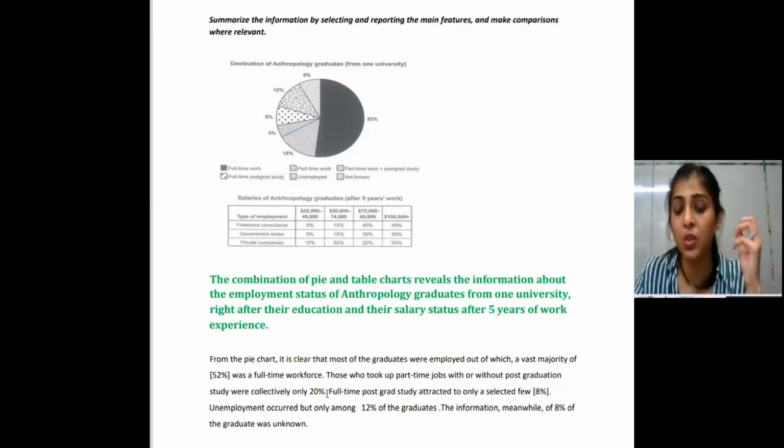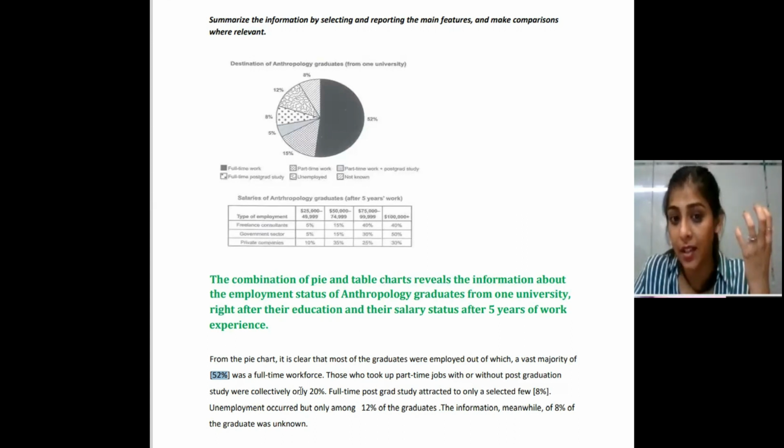Now, why did I add only? Because I'm showing a contrast against 52%, which I wrote above. I wrote above a huge figure, 52%. Now, when two different categories were joined together, the sum total was only 20%.